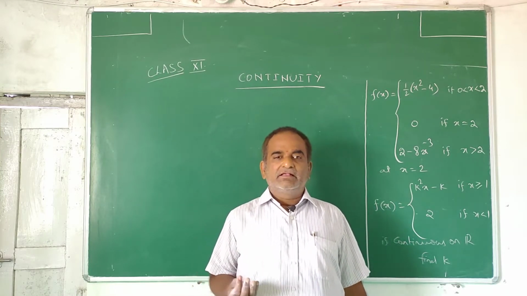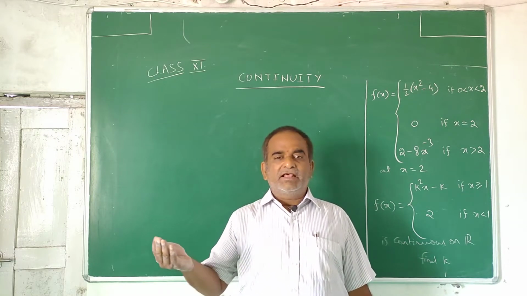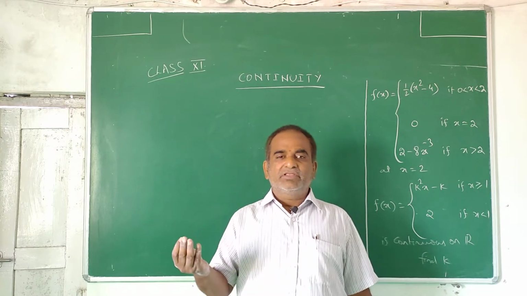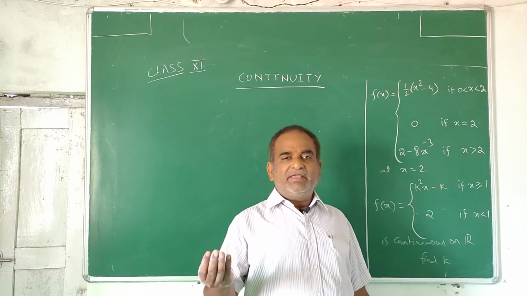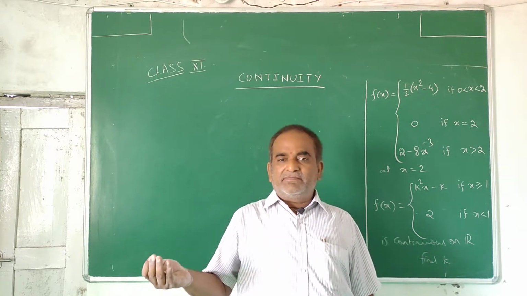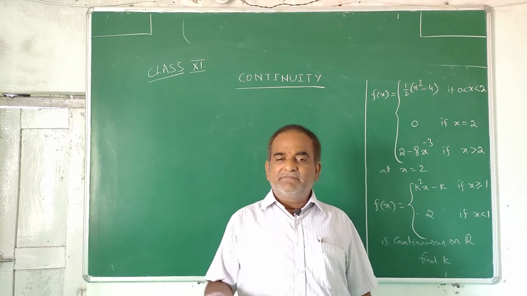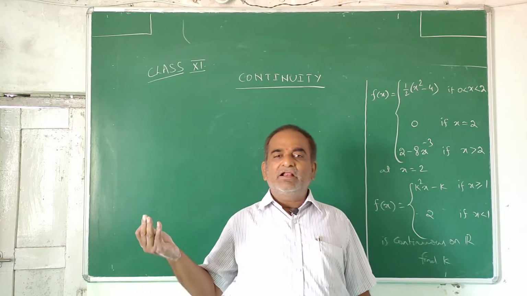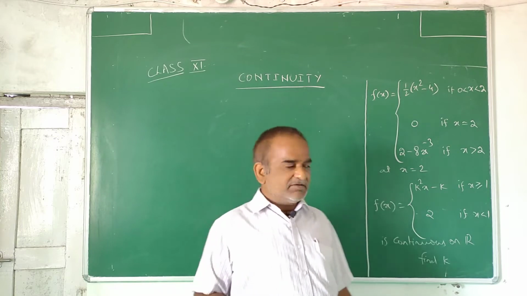Geometrically, the graph of a continuous function will not have any jumps or breaks. By a continuous function geometrically, we mean a function whose graph has no jumps or breaks. Did you understand?